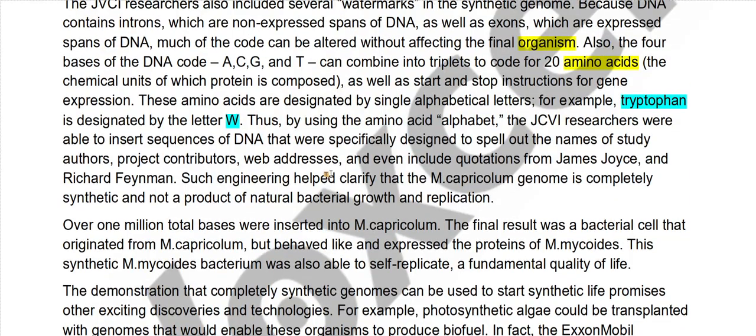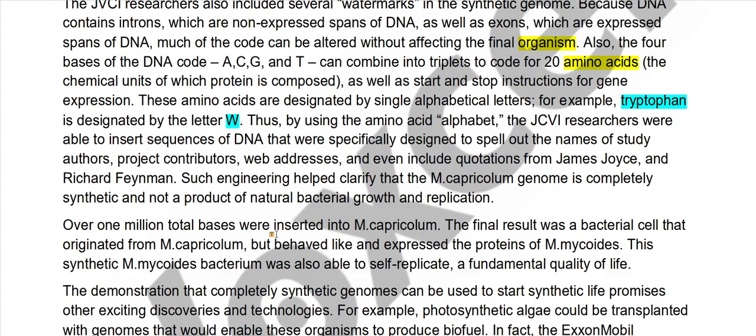Let's see. So we continue from here. Thus, by using the amino acid alphabet, the JCVI researchers were able to insert sequences of DNA that were specifically designed to spell out the names of study authors, project contributors, web addresses, and even included quotations from James Joyce and Richard Feynman. Okay, so this is our location.